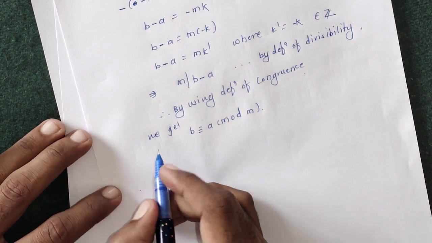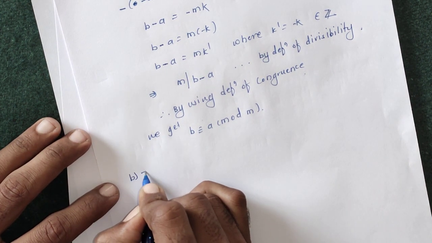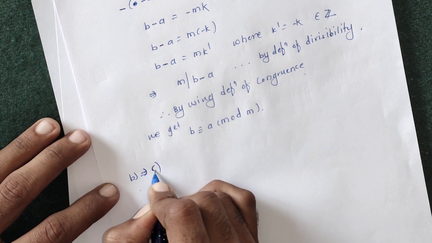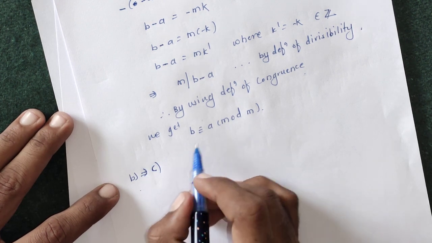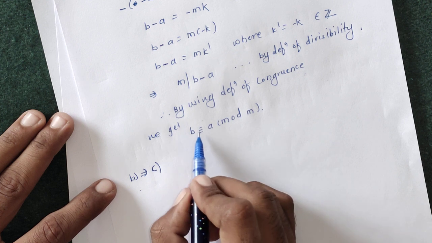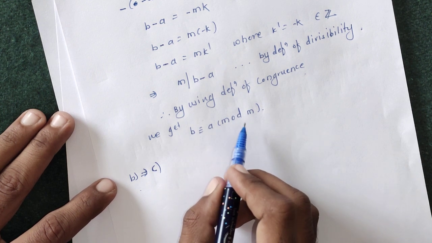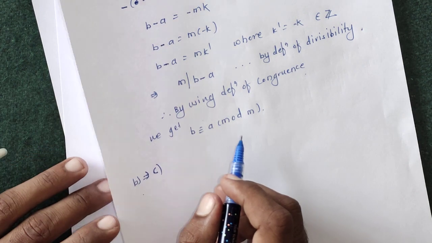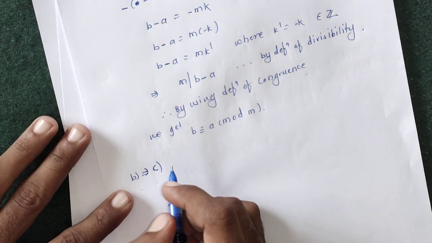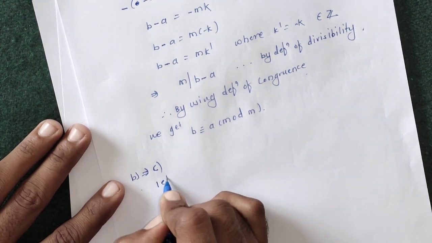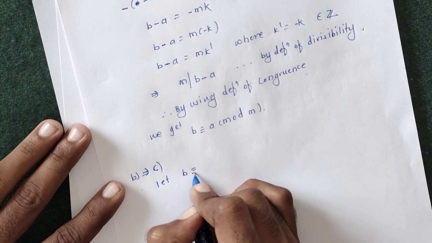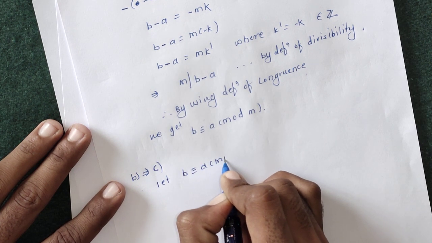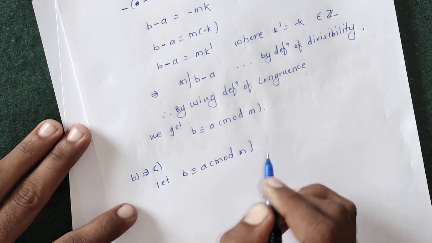Now we are going to prove B implies C, that is, the second statement implies the third statement. Our second statement was B is congruent to A mod m, and we are going to prove that A minus B is congruent to 0 modulo m. Let B be congruent to A modulo m.